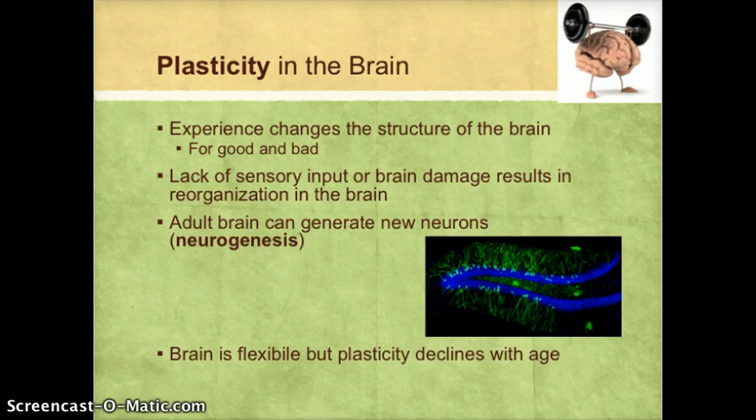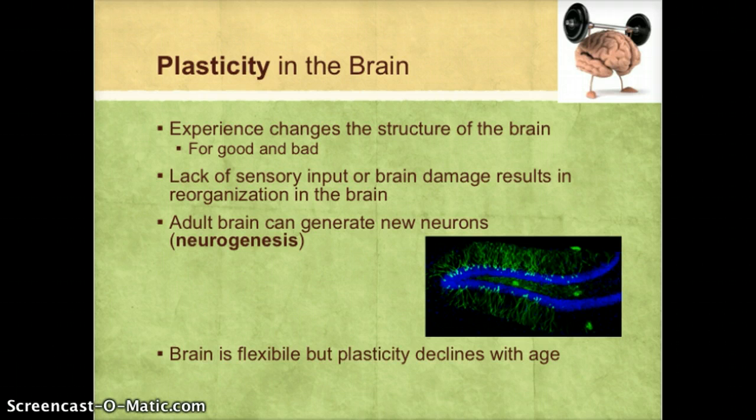Another thing that we know changes the structure of the brain is sensory input. And so if you have a total lack of sensory input, it can actually reorganize the brain. So one way we've studied this is you can actually be born with cataracts.